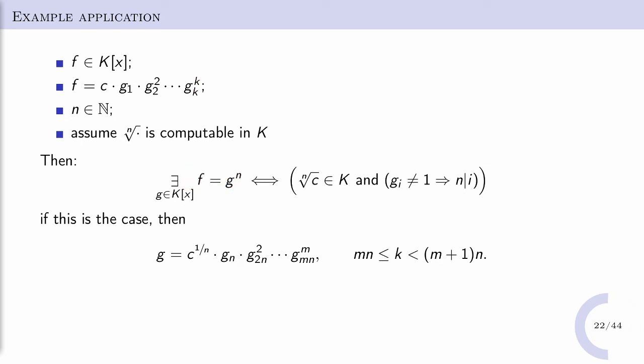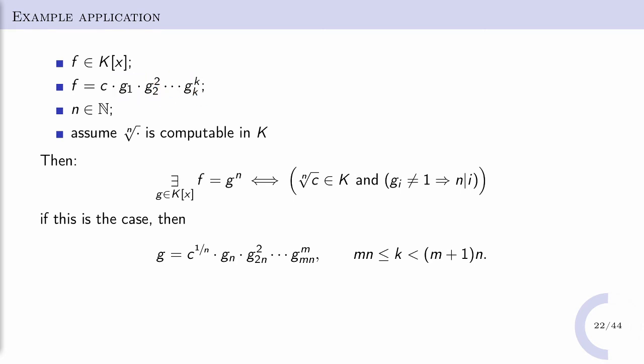This constant term must be the nth power in the field of constants. That's one condition. And the other condition: because these polynomials are square-free, they are not powers of anything. So the only way in which f can be the nth power of something is that in this product we have only nth powers.